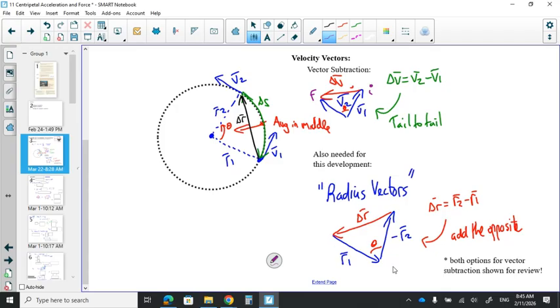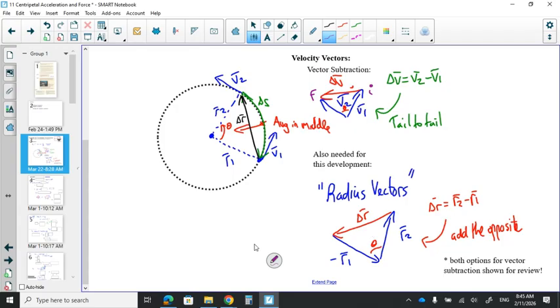Let me critique my own work here: this needs to be the negative of the R1 vector. So we have R2 minus R1.